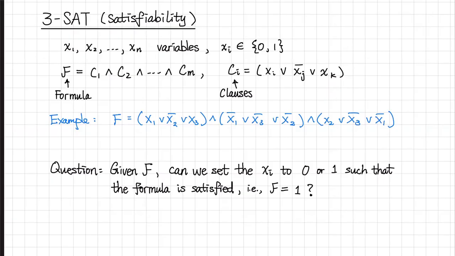Now, if any of them contradict each other, then this formula is not satisfiable. By contradicting, I mean it's possible that a variable appears twice, and one of them is the negation of the other. You might see x1 somewhere, and then not x1 somewhere else, and you cannot set both of them to be true. So what's the runtime for that?